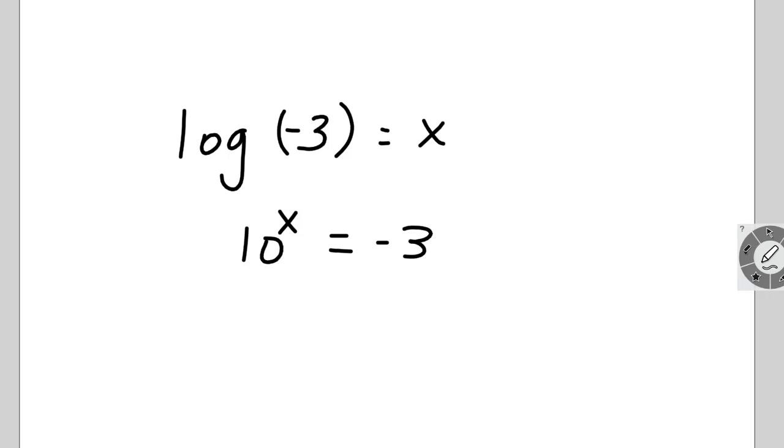Well, 10 is a positive number. And no matter what I raise it to, I'm always going to get a positive number. Okay, so this has no solution. Okay, very good. Alrighty. Okay, did we do the next part with solving simple log equations? We already did that?